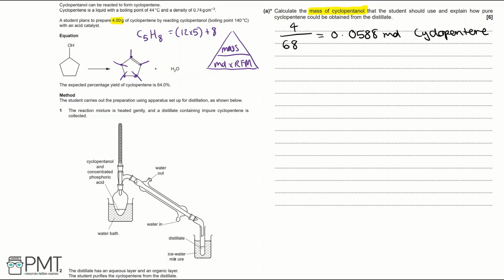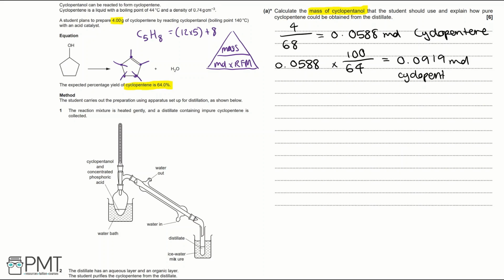The next key piece of information we're going to use to work out the mass of cyclopentanol is the expected percentage yield of cyclopentene. So what we're going to do is 0.0588 multiplied by 100 divided by 64, which equals 0.0919 moles. And this will be of cyclopentanol.